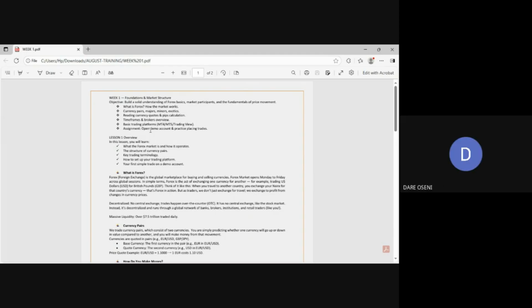Okay. Now let me explain to you. You have an idea, but you are mixing it up. Stock is different from the forex market. They are all called financial markets, where you have bonds, you have stock, you have forex.